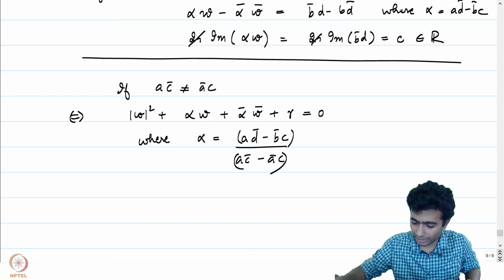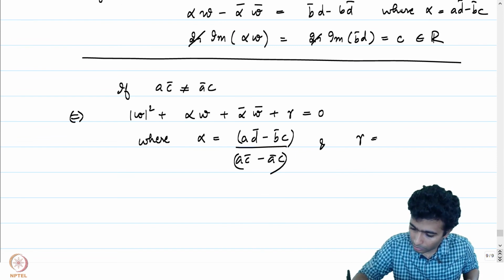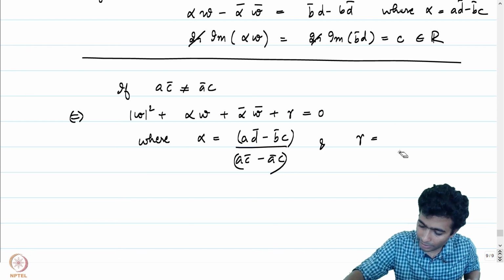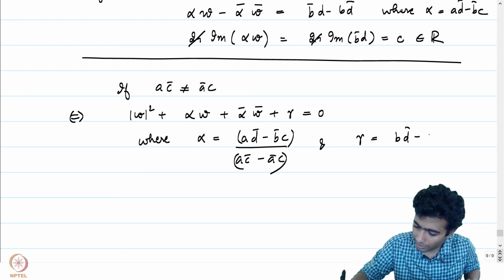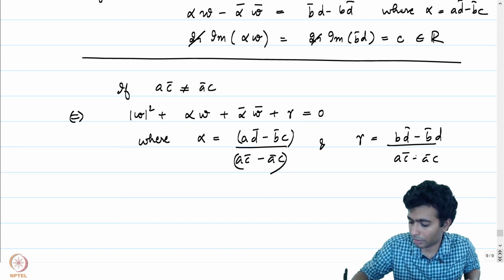I guess I've got the signs right, but this is precisely what alpha will be, and gamma is going to be equal to (BD̄ − B̄D)/(AC̄ − ĀC).